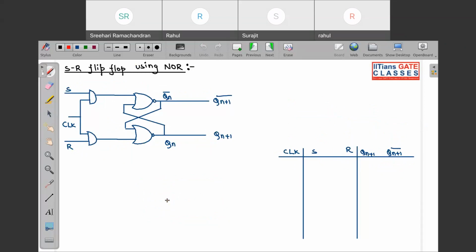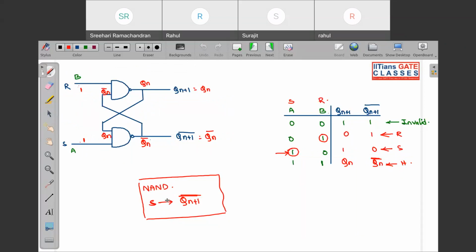Now what is a flip-flop? Suppose I have multiple latches in a circuit. We cannot assume that all the latches have been provided input at the same time.